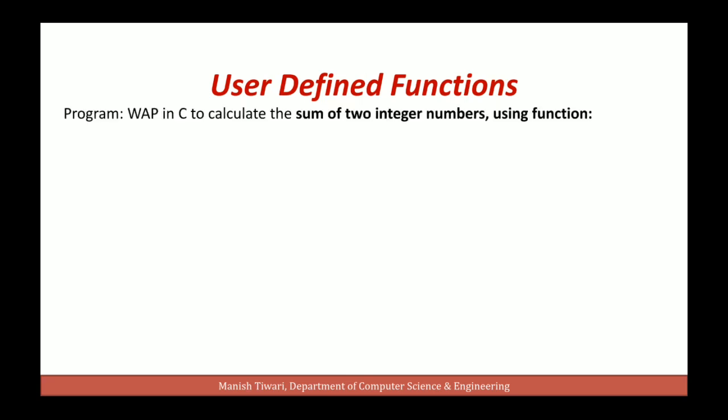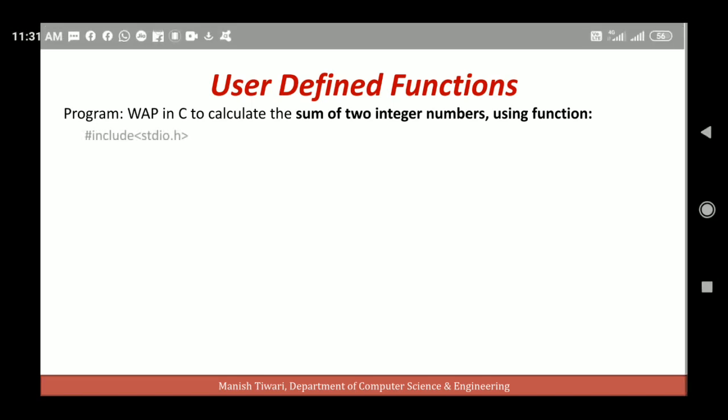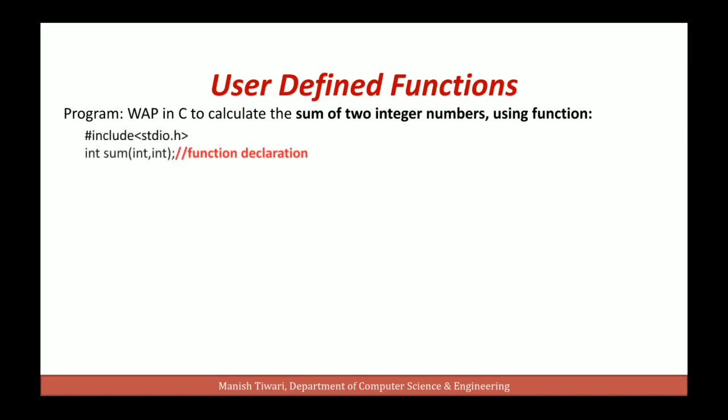And now let's discuss the complete program to add two integers using a function. First we will include all the header files, and after this we will declare this function. This declaration of the function includes the return type, that means the type of output, the name of the function, and in round brackets we will write the type of inputs.